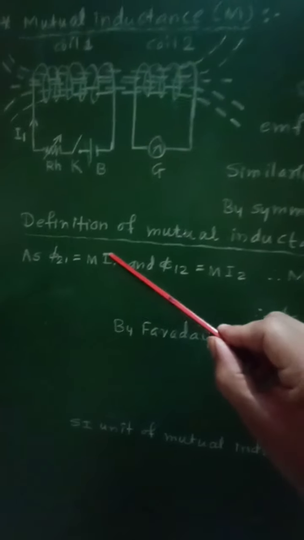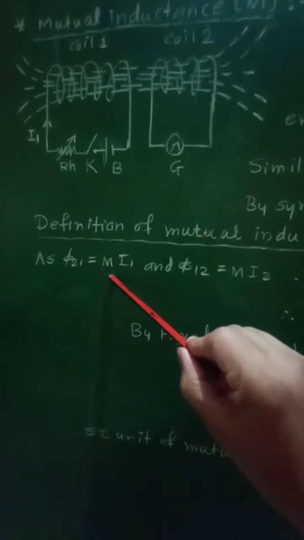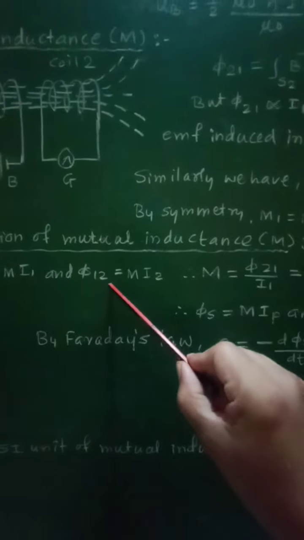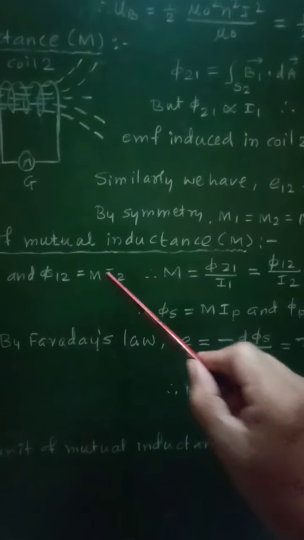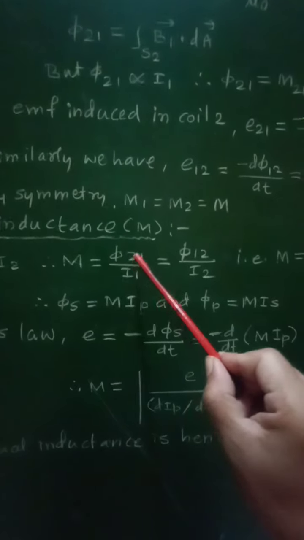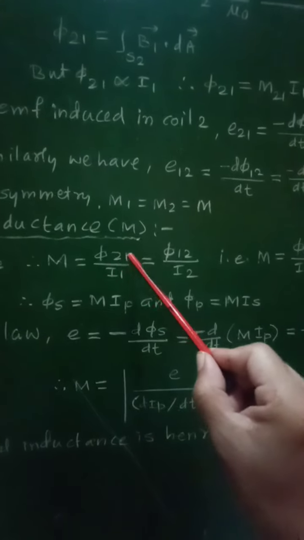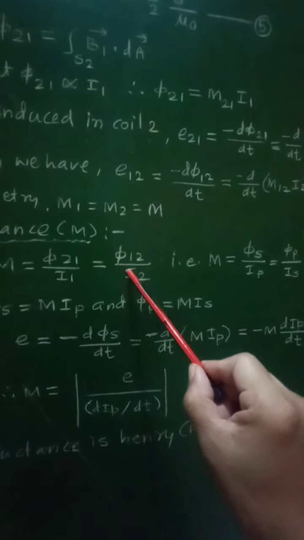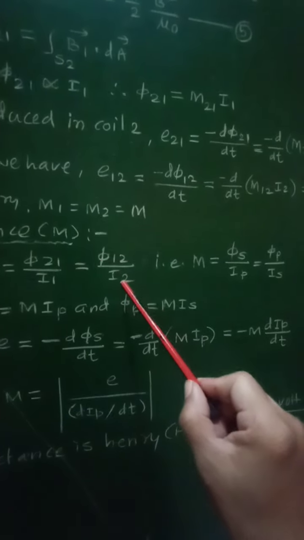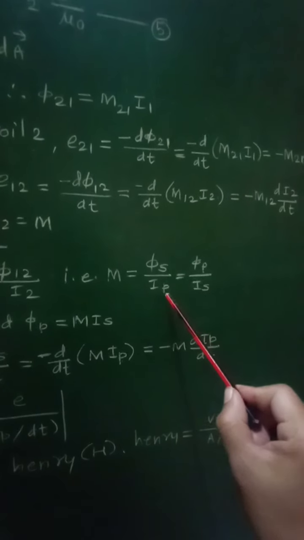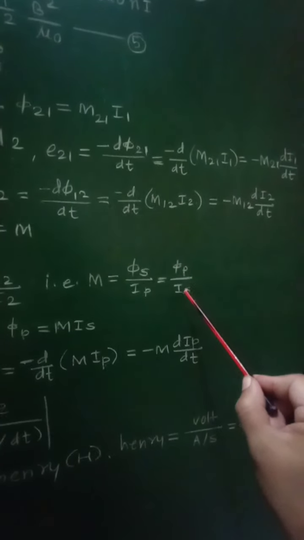Now as phi 21 is equal to M I1 and phi 12 equal to M I2, therefore we can write M equal to phi 21 upon I1, that will be equal to phi 12 upon I2, that is M will be equal to phi s upon Ip equal to phi p upon Is.